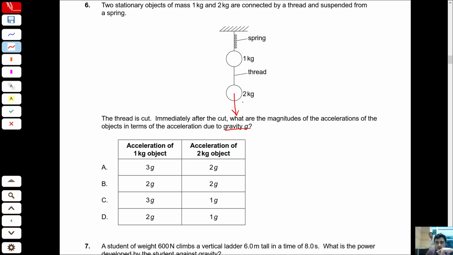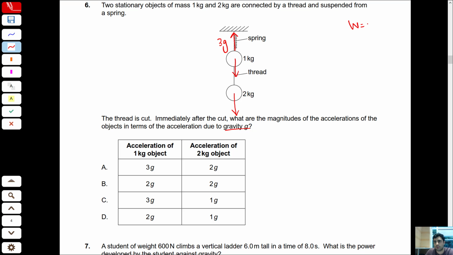So there's a weight acting on this 2 kg mass, and there is a weight from the 1 kg mass also, and then the spring provides an upward force. Now the spring is responsible to withstand the load of both of these masses, 1 kg and 2 kg. So a total of 3g of force is exerted by this spring in the upward direction.